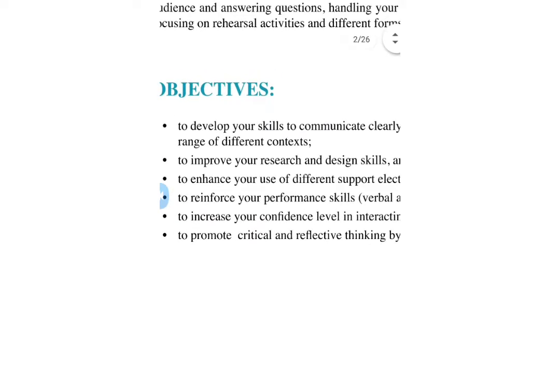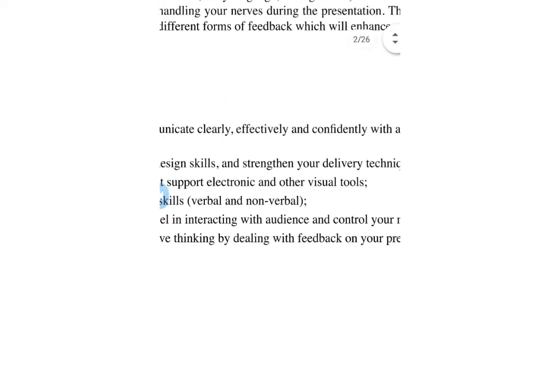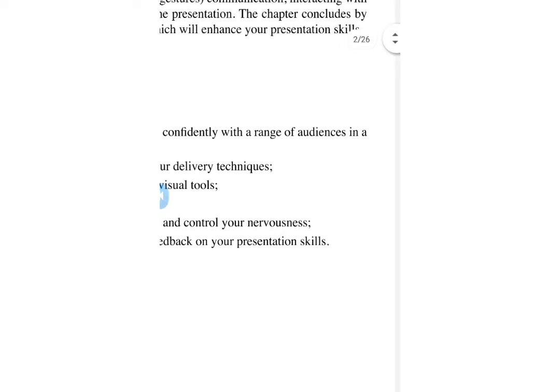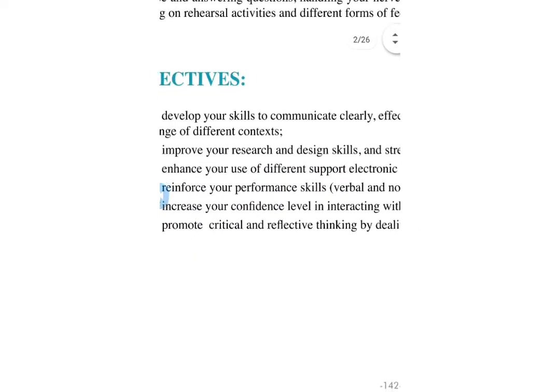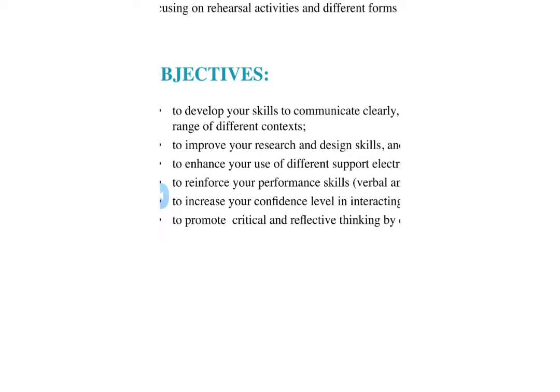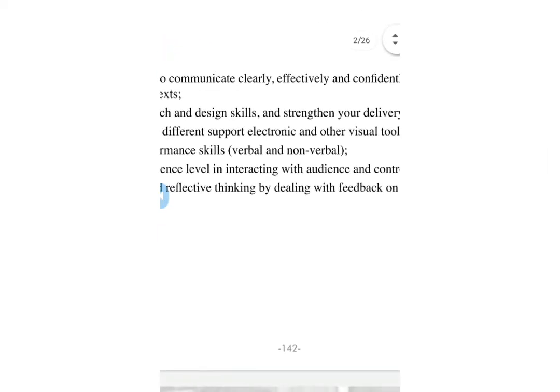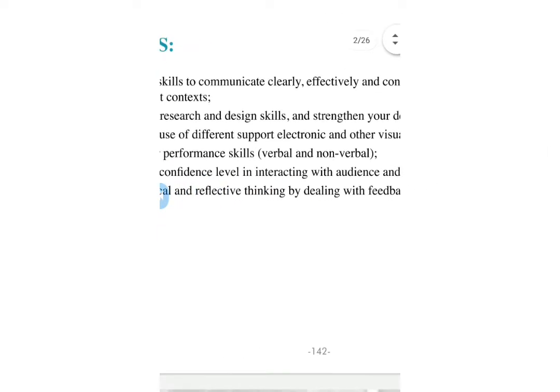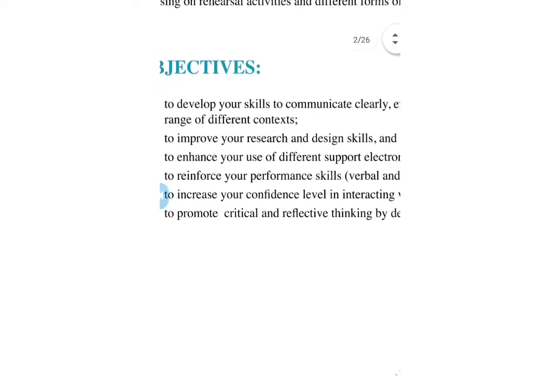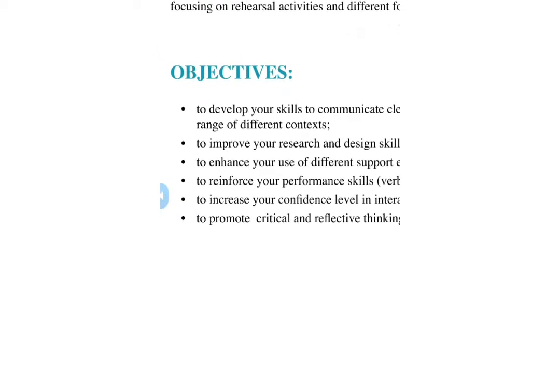So to develop your skills to communicate clearly, effectively, and confidently with all kinds of audience, that's your objective. Next, to improve your research and design skills and strengthen your delivery techniques. One of the worst things we do with our presentation is we do not research our topic. We pick up a topic and we copy and paste whatever data we find on the internet.